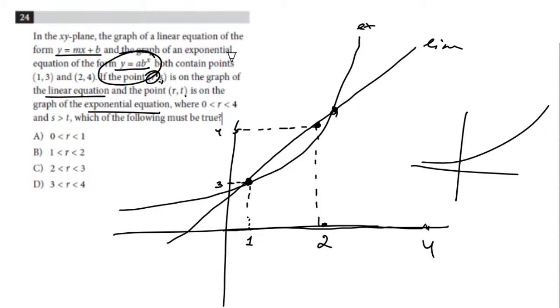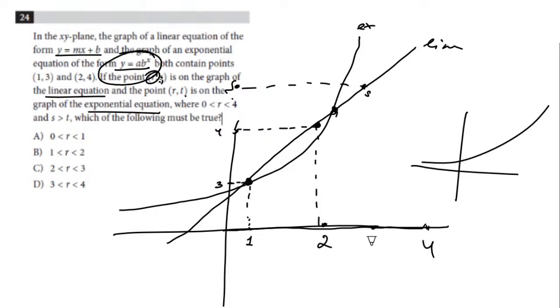Now, what is S? S is the y of the linear function. So let's assume this is S, and T is of the exponential function.